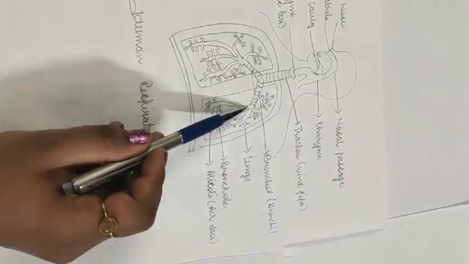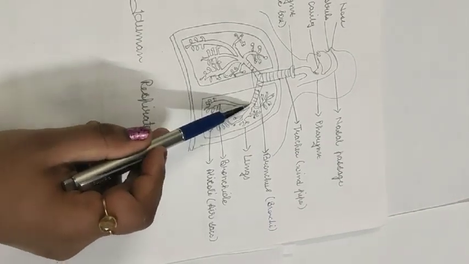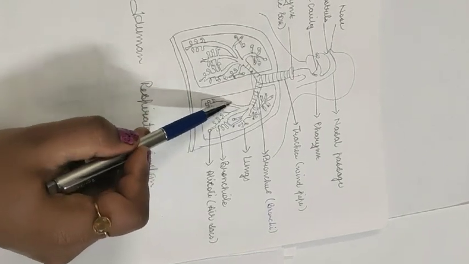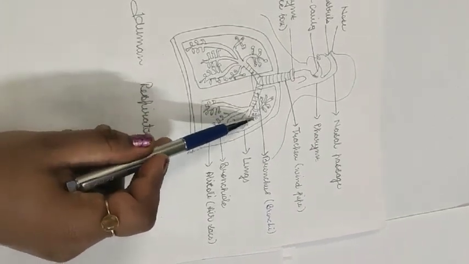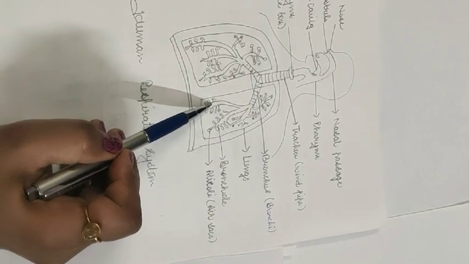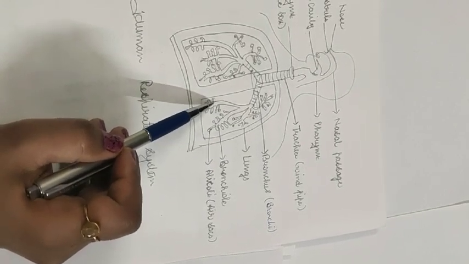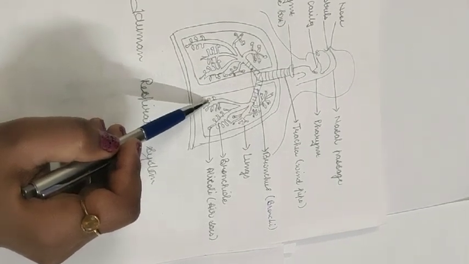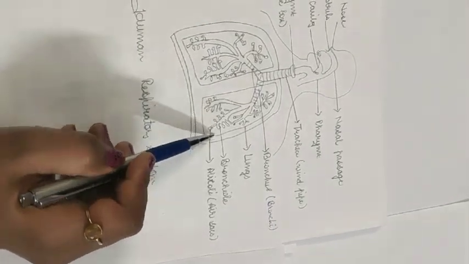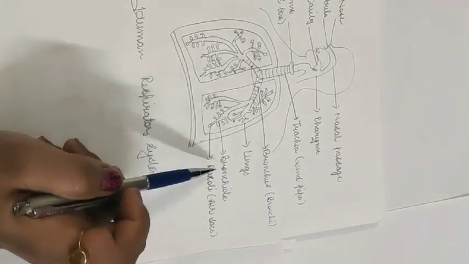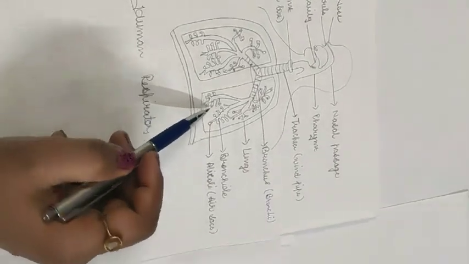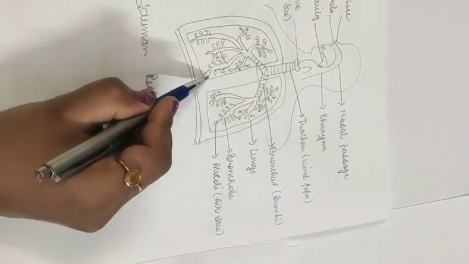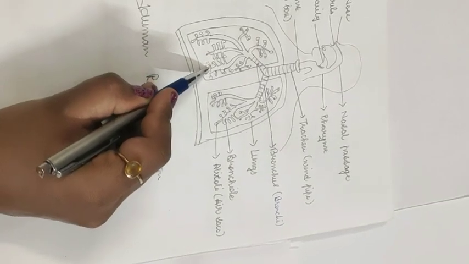Then they branch again into simple tubes called bronchioles. These little small tubes are called bronchioles, and at the end of the tubes you would have seen these small sac-like structures, which are called alveoli. So when we breathe in, we take in oxygen, and these little sacs are filled with the oxygen.